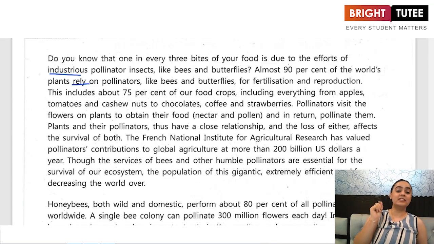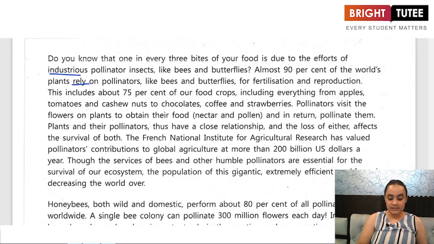So, every 3 bites of the food that we eat is due to the industrious, hard-working pollinator insects such as the bees and the butterflies. 90% of the world's plants depend on these pollinators for fertilization and for reproduction.